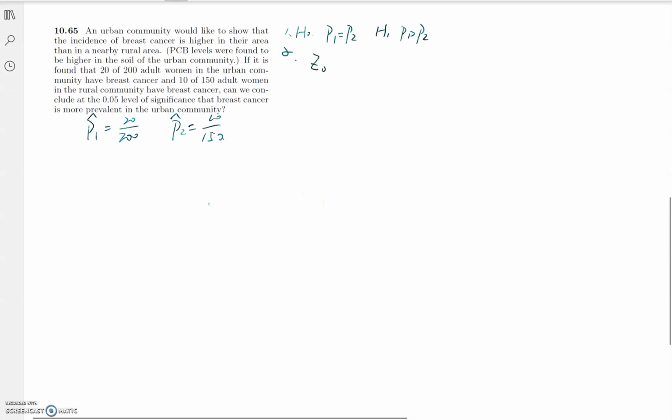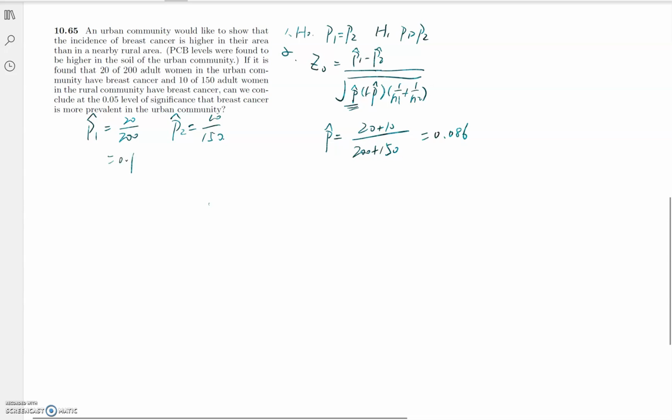Z0 equals P1 hat minus P2 hat, over the square root of P hat times 1 minus P hat, times 1 over N1 plus 1 over N2. And this P hat equals 20 plus 10 over 200 plus 150. This equals 0.086. P1 hat is 0.1, and P2 hat is 0.067.